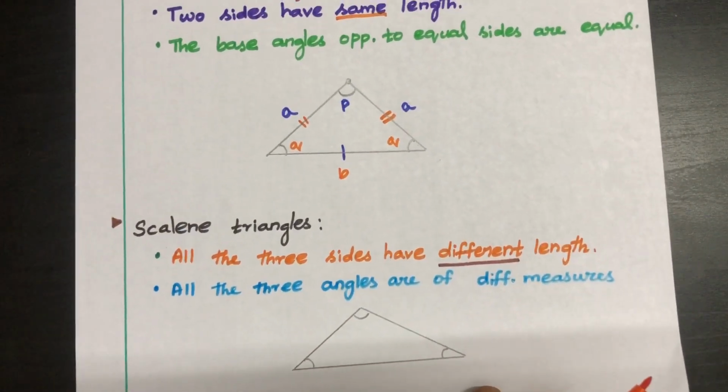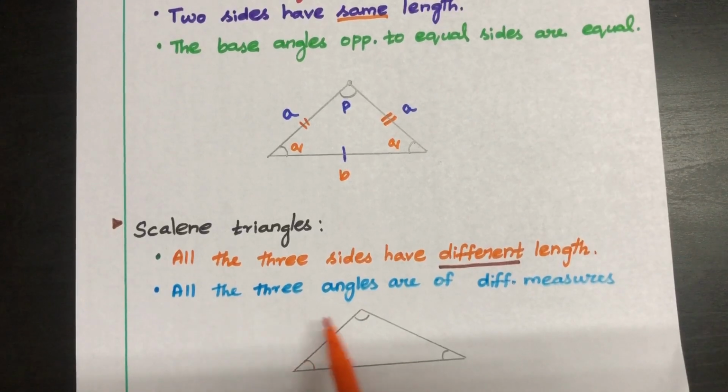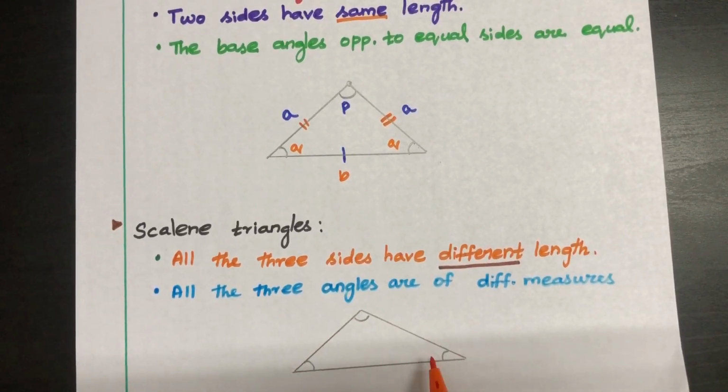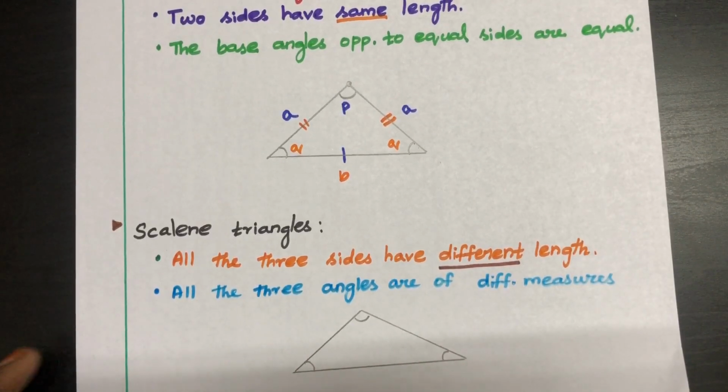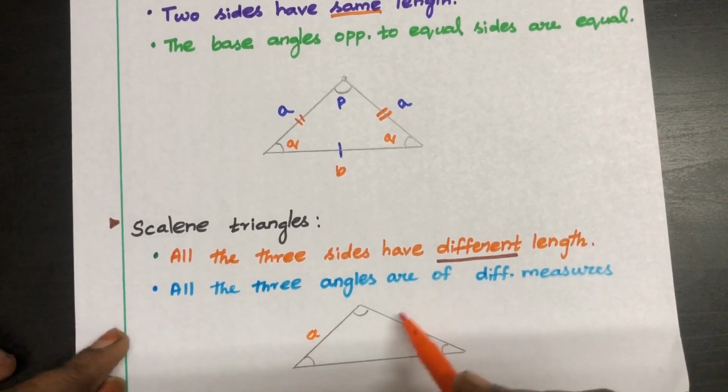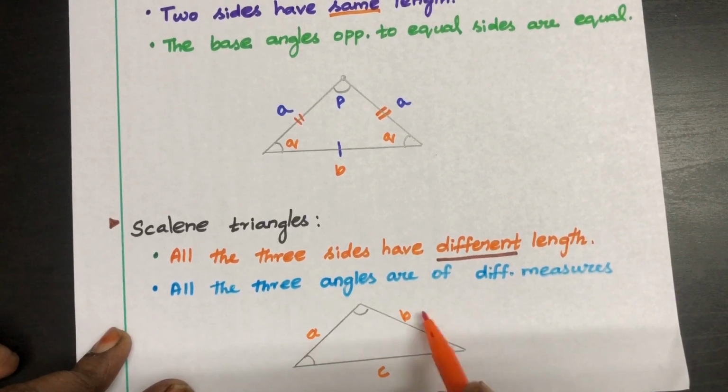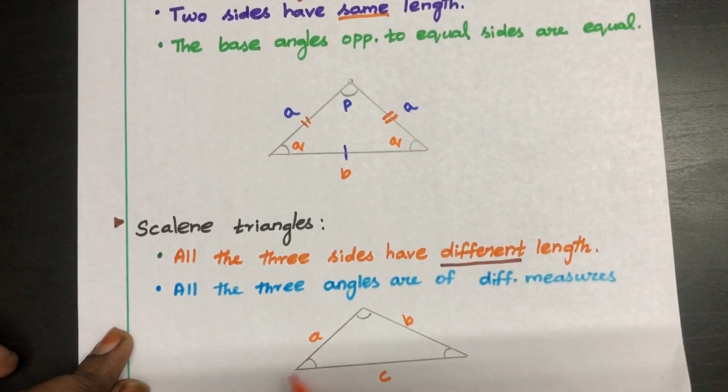Next is the scalene triangle. I think it is not in your book. All 3 sides have different lengths, and all 3 angles are of different measures. See, A, B, C are all different lengths.